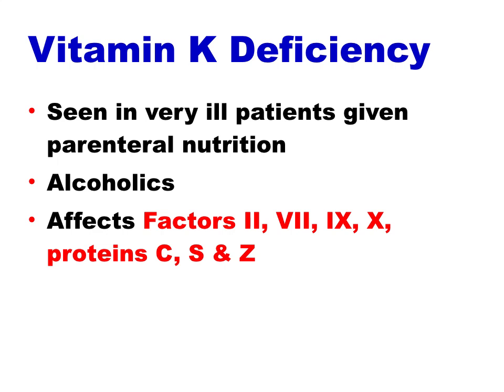Vitamin K deficiency is seen in very ill patients who are given parenteral nutrition. This is also observed in alcoholics, and this would affect the following factors. Of course, we know about 2, 7, 9, and 10. Let's add protein C, S, and Z.